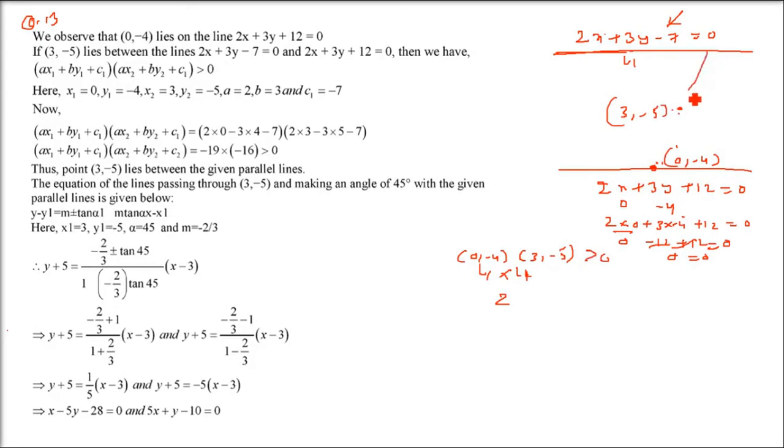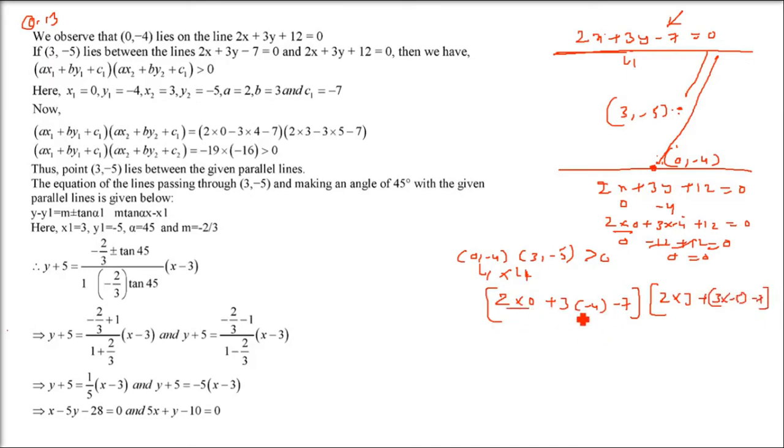One time I am putting (0, -4) and other time in the same equation I am putting (3, -5), and if I multiply the results and it is greater than 0, that means they both are on one side of the line.